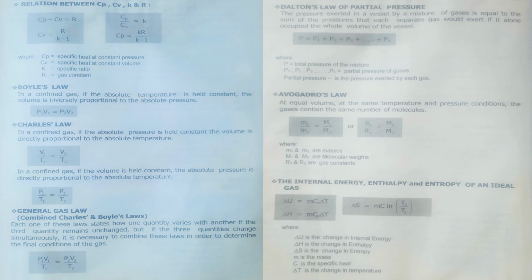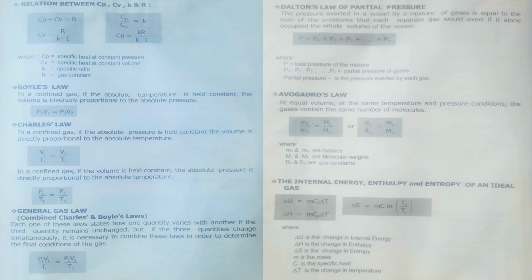We have P1V1 over T1 is equal to P2V2 over T2. Okay? The next is Dalton's law of partial pressure. Okay? The pressure exerted in a vessel by a mixture of gases is equal to the sum of the pressure that each separate gas would exert if it alone occupied the whole volume of the vessel. So, your pressure is P1 plus P2 and so on.